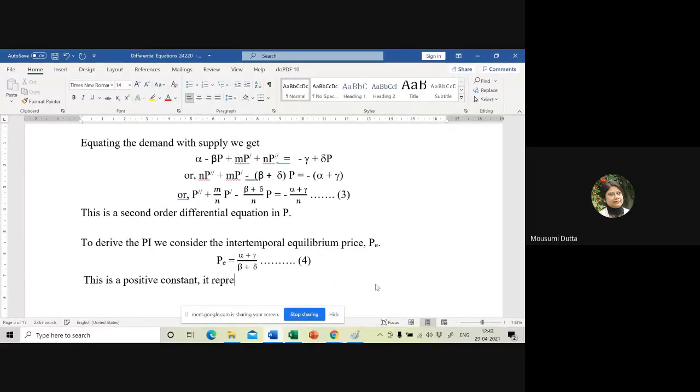Actually I wanted to mean that at equilibrium the price remains stationary. Okay, so let me put the thing in this way.